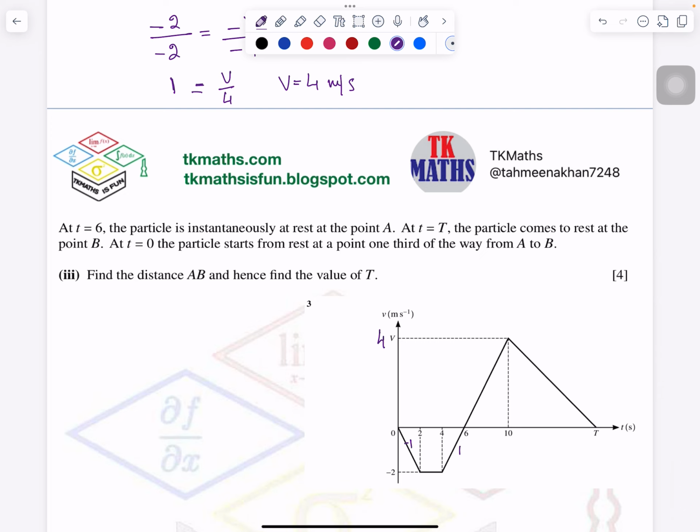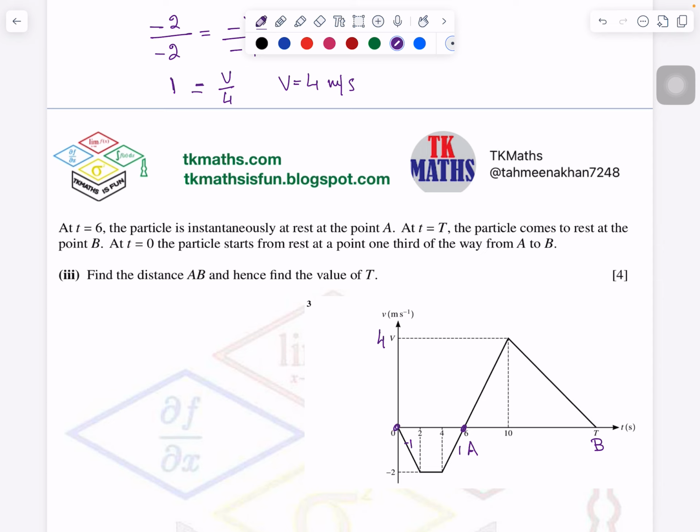Now the question is saying at time t equals 6, which is this time, the particle is instantaneously at rest at the point A. So when the particle covers 6 seconds, it is at the point called A. And after that, at time t equals T, the particle comes to rest again at B. So this part is called B. At t equals 0, the particle starts from rest.